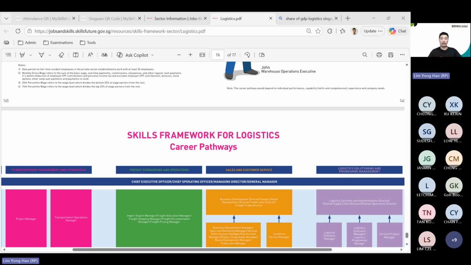That's based on my quick sharing of the document itself. What do you all pick up that you think will be very useful to help someone who's thinking of moving to the logistics sector? Anyone?